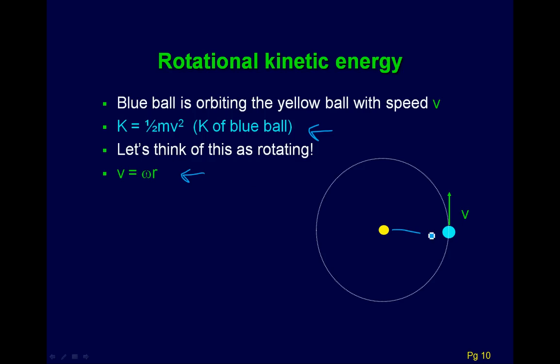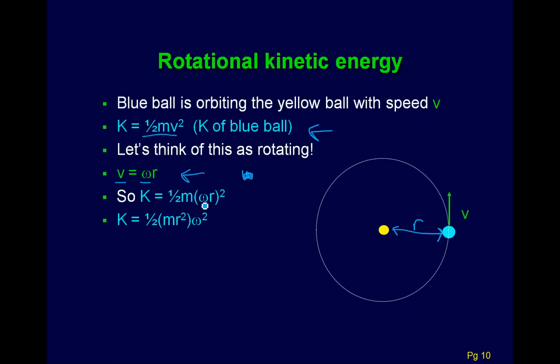If I define r to be the distance from the sun to the earth here, then the linear velocity can be compared to the angular velocity through the radius r. If we plug that into our kinetic energy equation, we get this here.